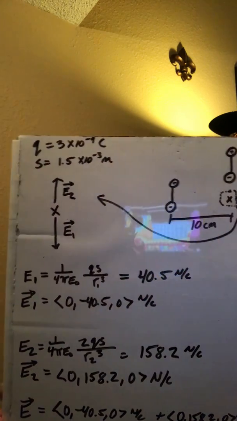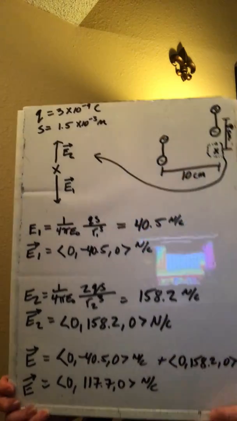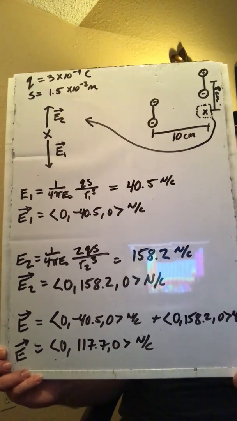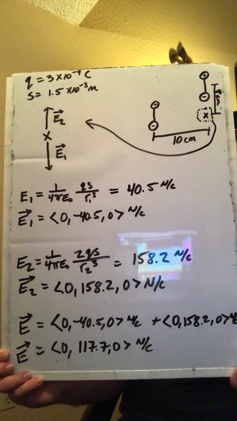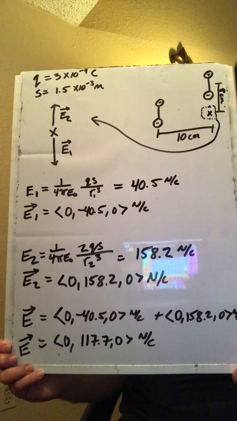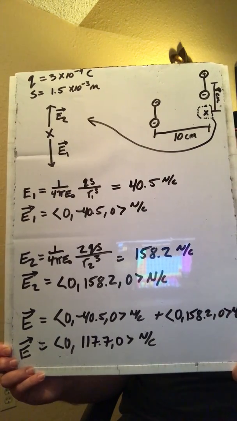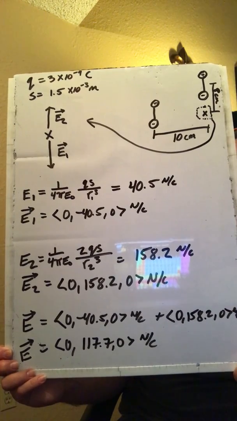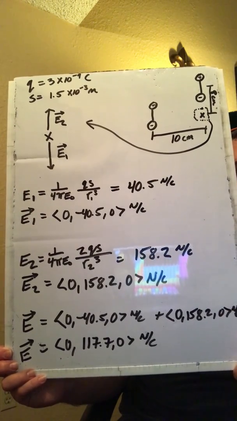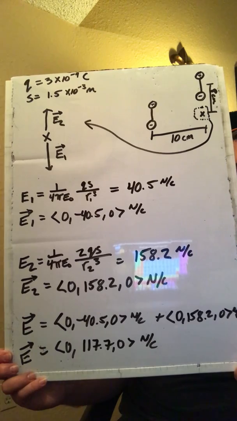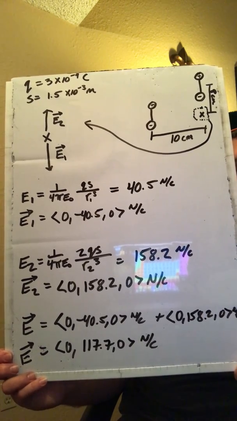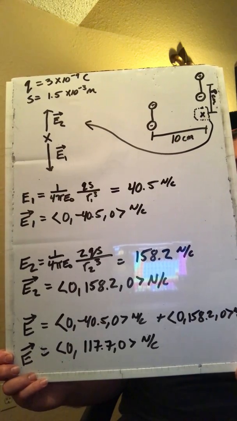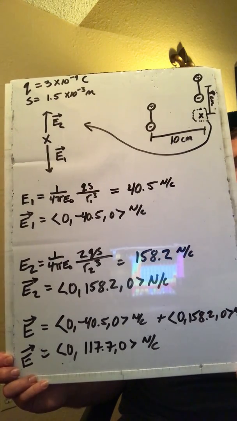So for dipole 1, we're going to use the equation for the perpendicular electric field. That's going to be 1 over 4 pi epsilon naught times q times s over r cubed. R is going to be 10 centimeters in this case. Q and s were given to us, and we know that 1 over 4 pi epsilon naught is a constant, 9 times 10 to the ninth.